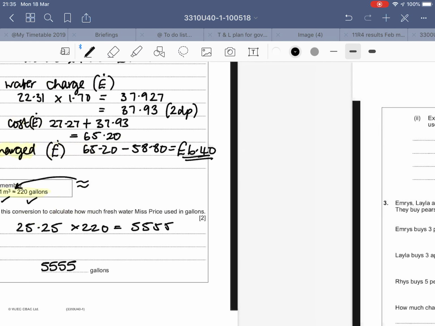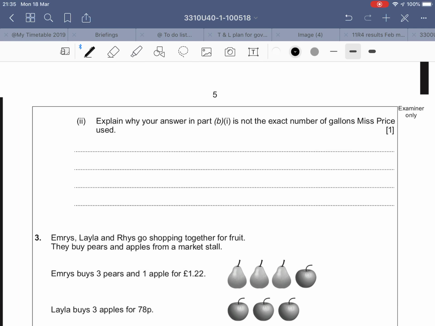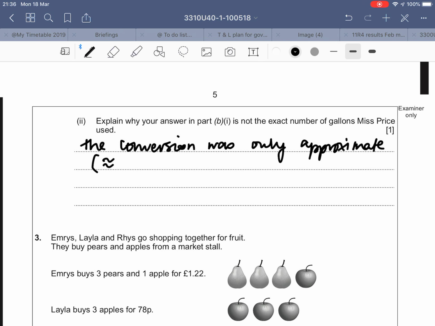Okay, so a suitable reason that I could put here is that the conversion was only approximate, and just showing that I understand what that means.